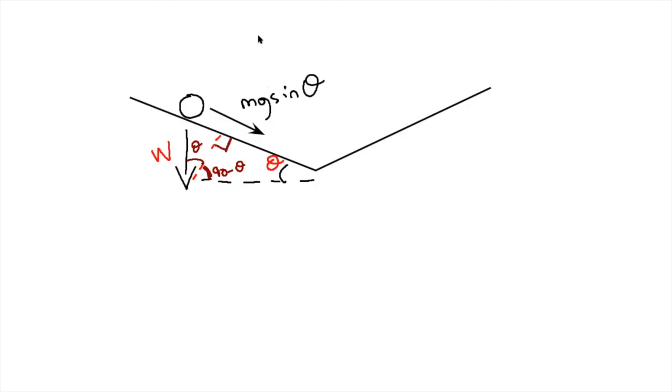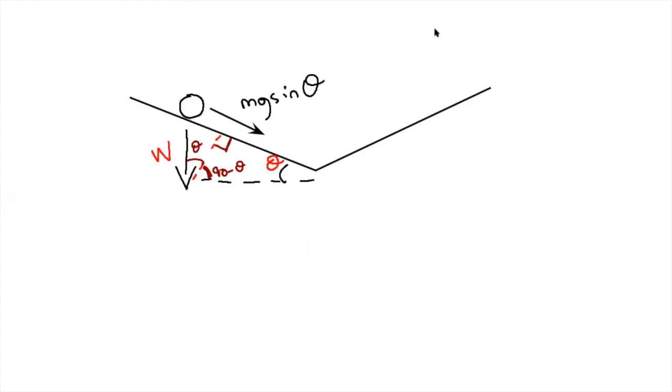All of us know that sine is opposite divided by hypotenuse. And that's how we get mg sine theta. So the one who was confused about this, are you clear about this, or are you still confused? If you did not understand, please tell me. Okay, great.